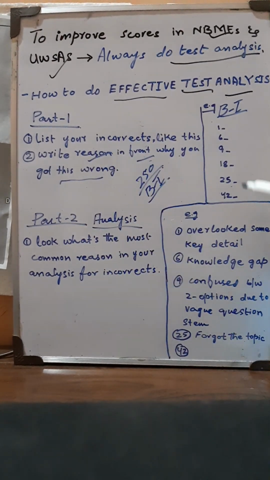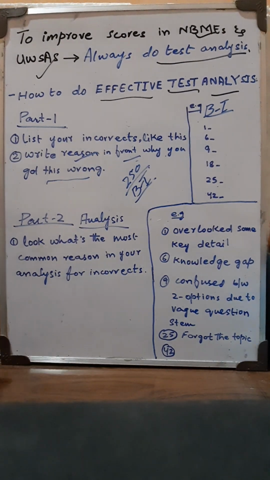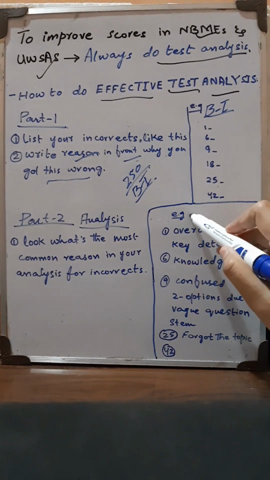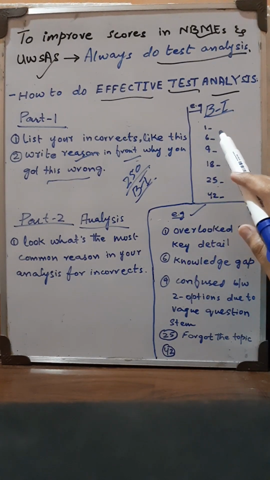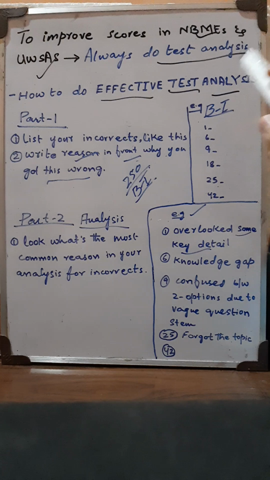For example, in block 1, I got question number 1 wrong because I might have overlooked some key detail that would help me choose between the correct and incorrect options that were too close in the question stem. So this was the reason why I got question number 1 wrong.